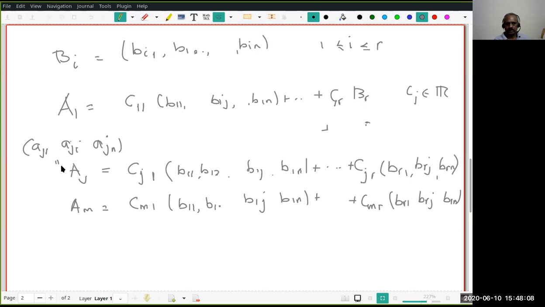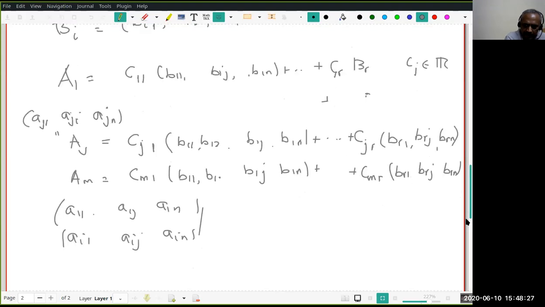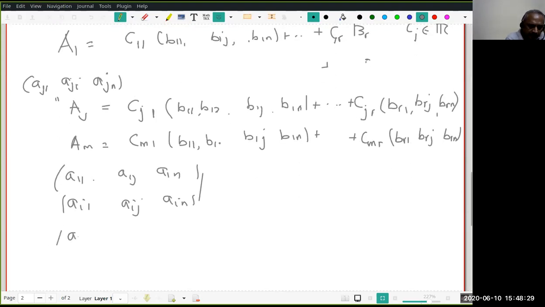Now, if you notice, this is what I have got. This is a_11, a_1j, a_1n. This will be a_i1, a_ij, a_in. This is the ith row, and a_m1, a_mj, a_mn. This is the mth row.